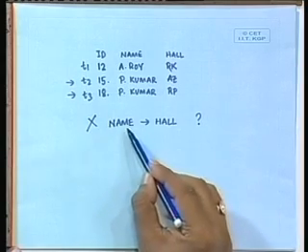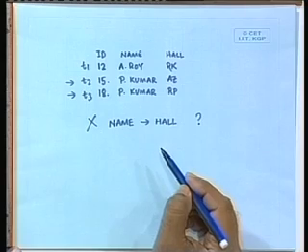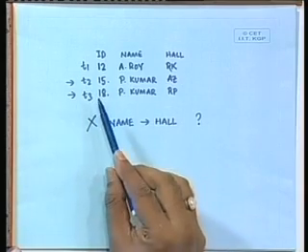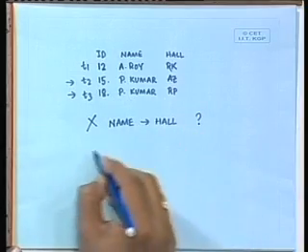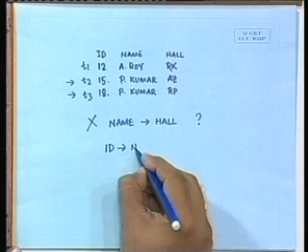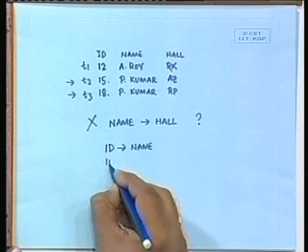So, this is one disadvantage of name as a unique key. Are these two functional dependencies true?